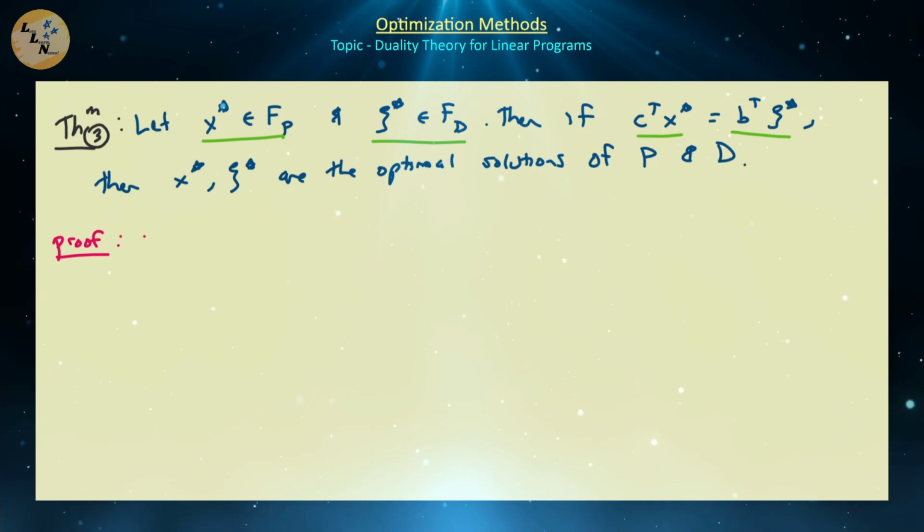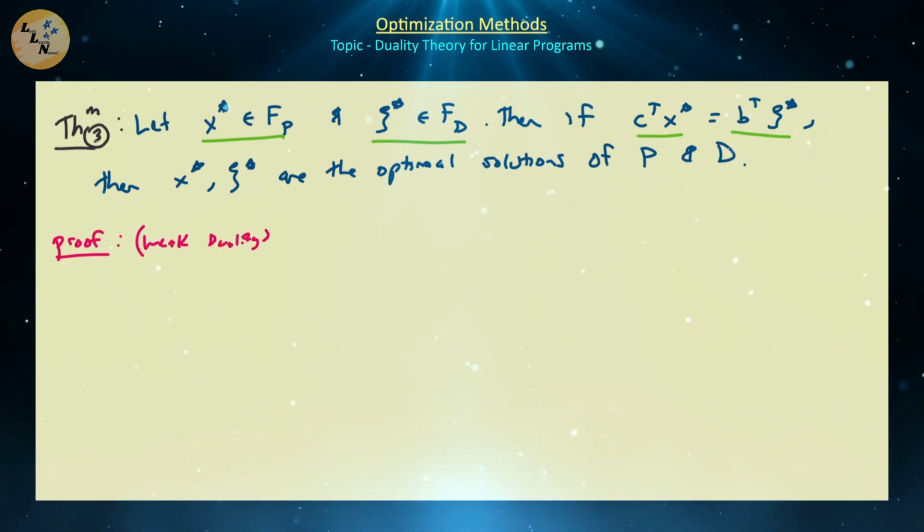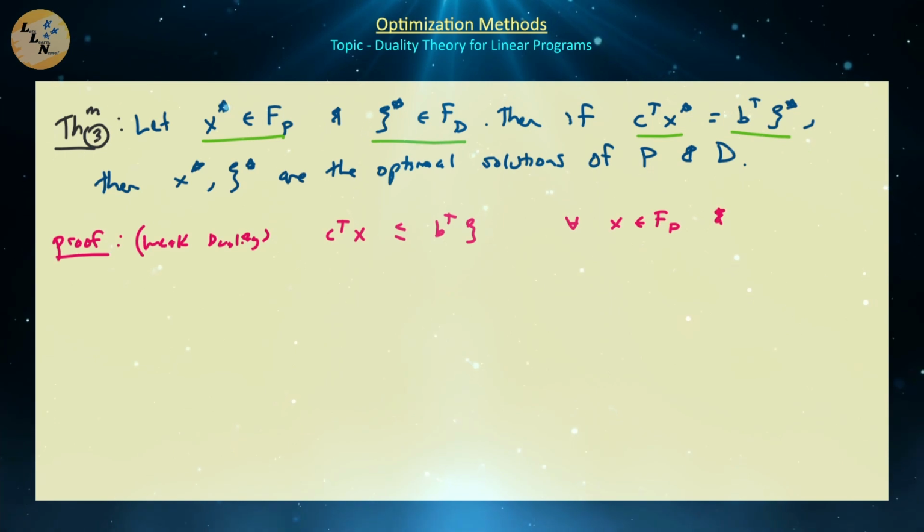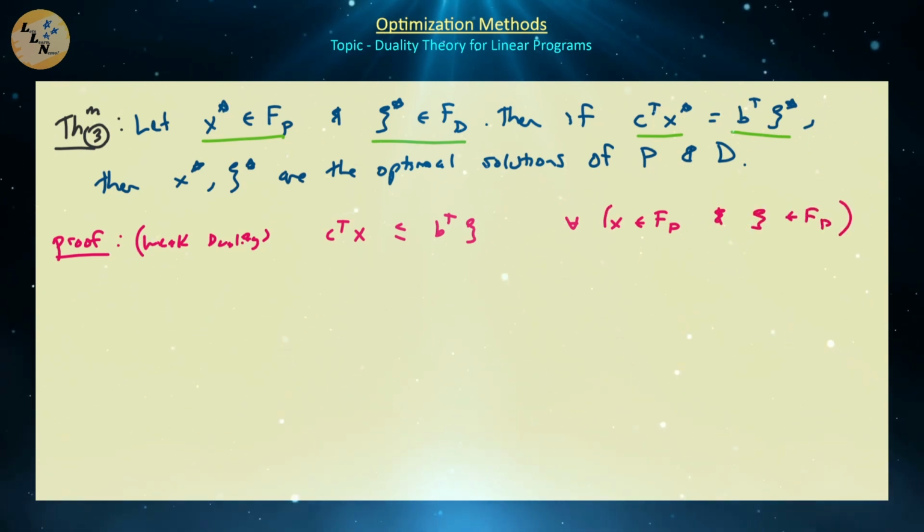So, proof. From the weak duality theorem, we know that C^T x is going to be less than or equal to B^T psi for all x in FP and for all psi in FD. We know that's always going to be true. So if that's always going to be true, we can choose a particular psi.